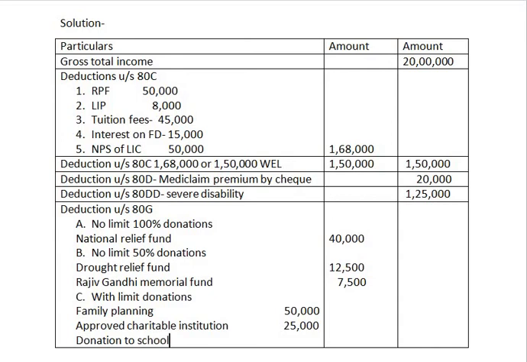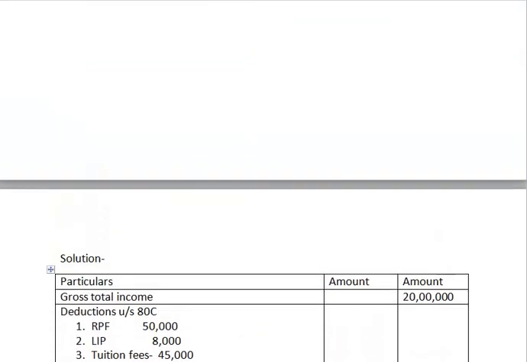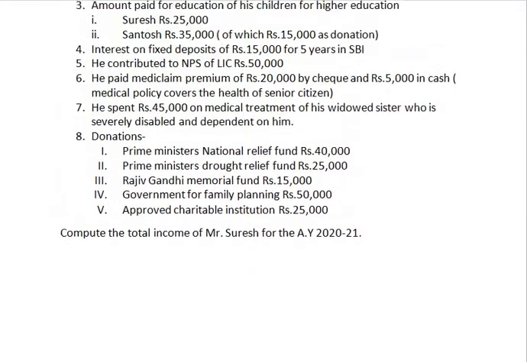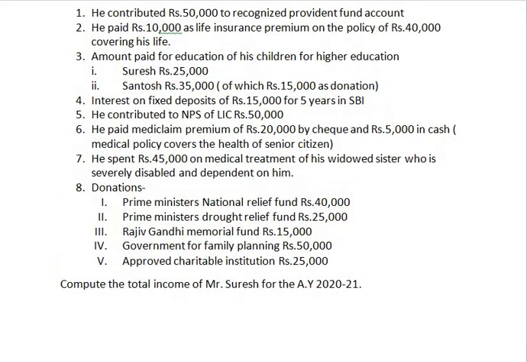I hope you are getting this point about tuition fees. I'll just show it in the question where it is. Yes, you can see here, he has paid education fees of his two children, Suresh 25,000 and Santosh 35,000, out of which 15,000 is paid as donation to the school.